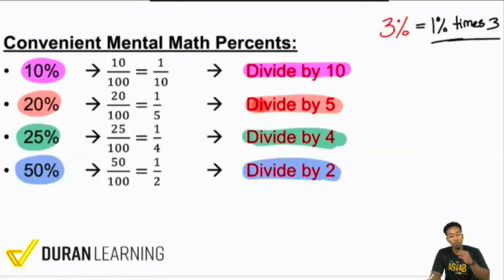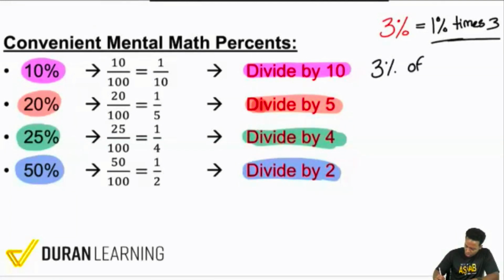So if you had a weird problem, like let's say, what is 3% of 120? If you needed to find that very quickly, instead of setting up that craziness, really what you can do is find 1% and then times 3.